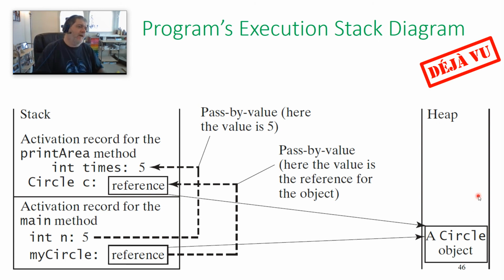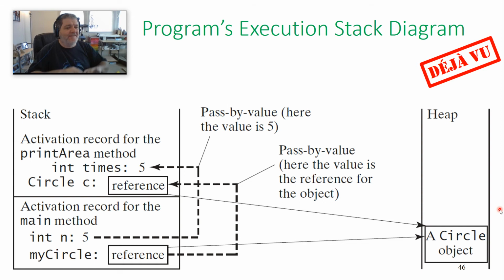So until now, I always told you elsewhere in memory. Well, let's give it a name. That other area of memory that is separate from the program's execution stack, or the stack for short, where all the objects are created, is called the heap. Technically in memory, the stack will be, for example, at the beginning of your memory and the heap will be at the end. If they ever meet one another, you run out of memory.